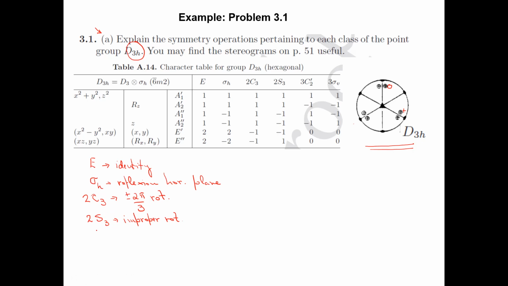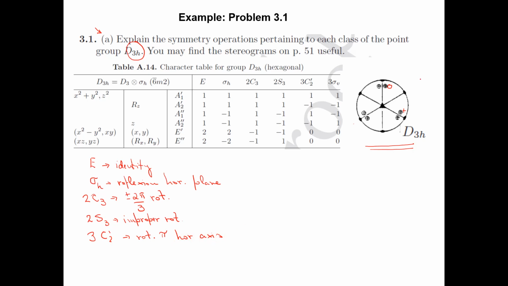What else do you have? 3C2 prime. 3C2 prime are rotations by pi through the secondary axes, which are perpendicular to the main axis.